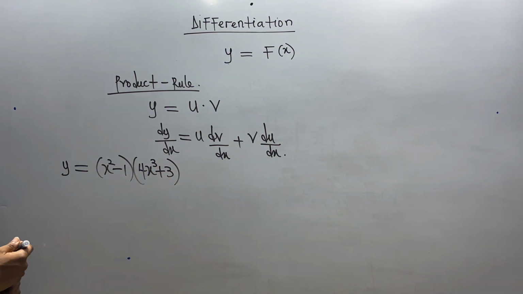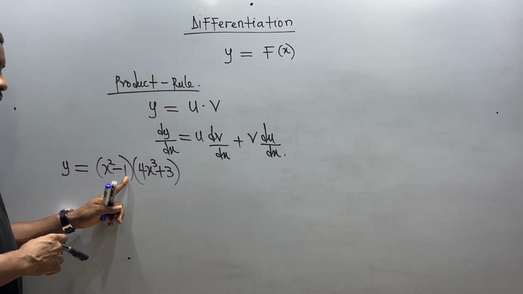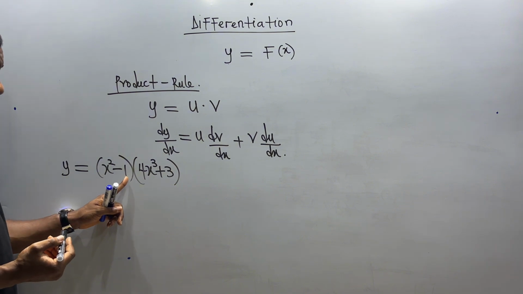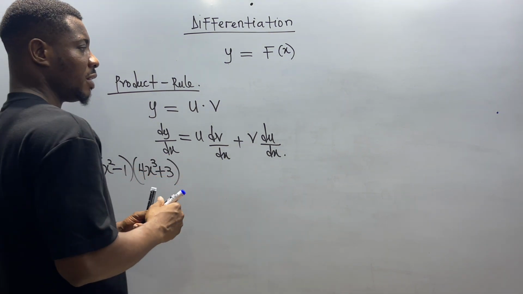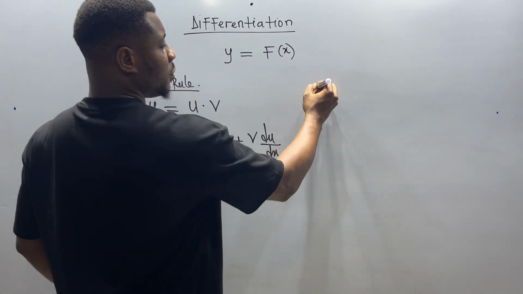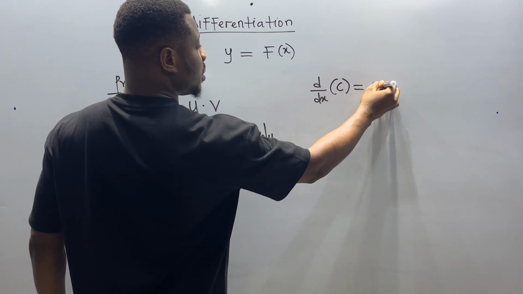Now take note that anytime we differentiate a constant value, we get 0. Let's say we look for the derivative of a constant, the result is 0.